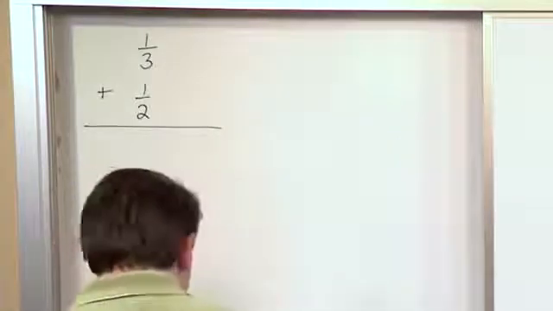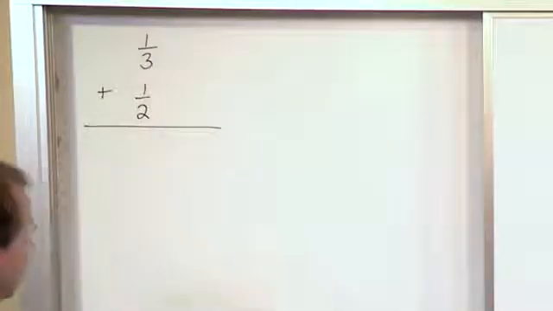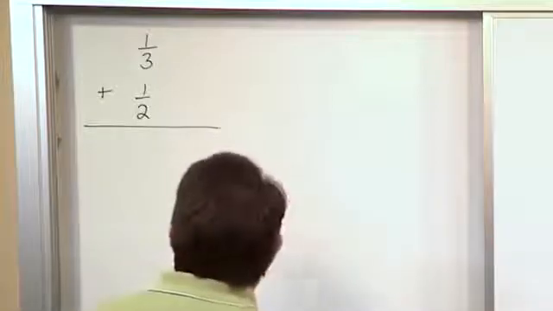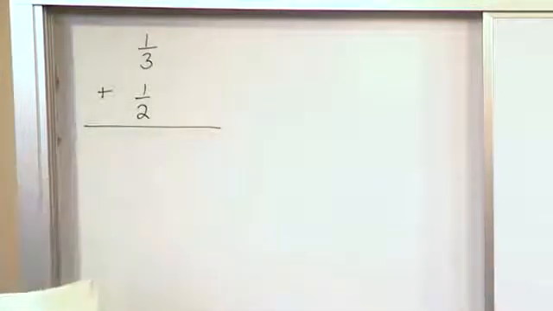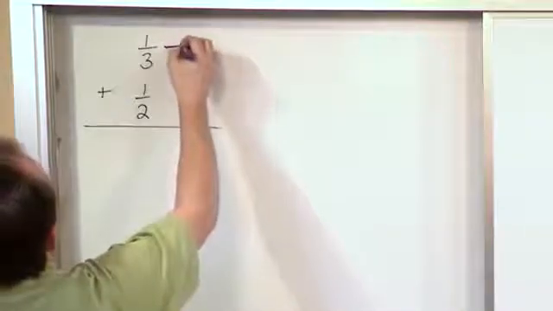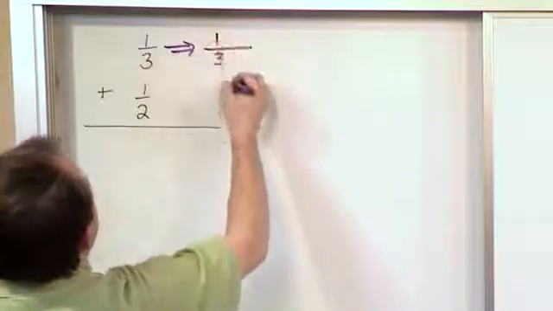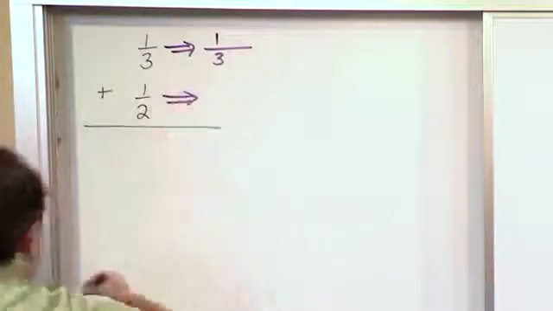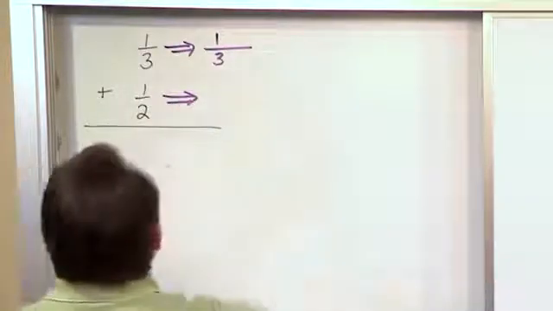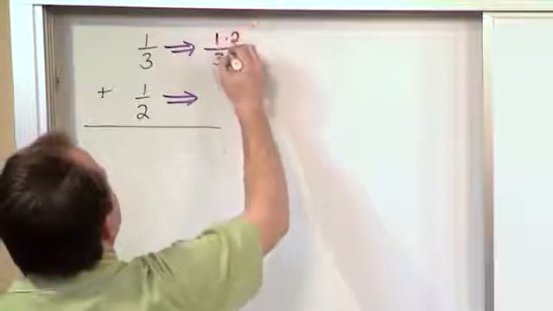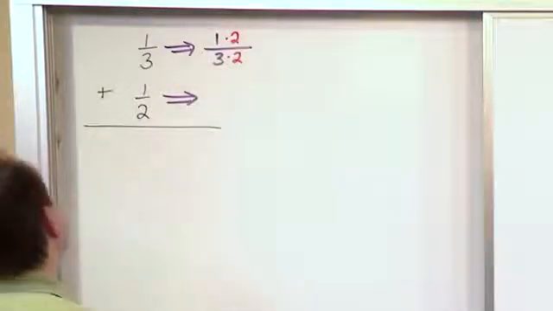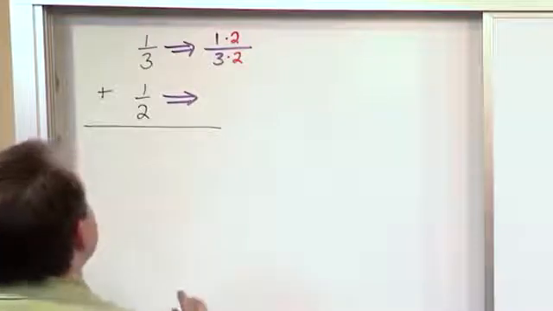So what I'm going to do, and that's what you're typically looking for, is transform this fraction, 1/3, and I'm going to transform this fraction also. I'm going to multiply this fraction by 2 over 2. Remember, I can multiply anything I want, top and bottom, as long as I do it to top and bottom.